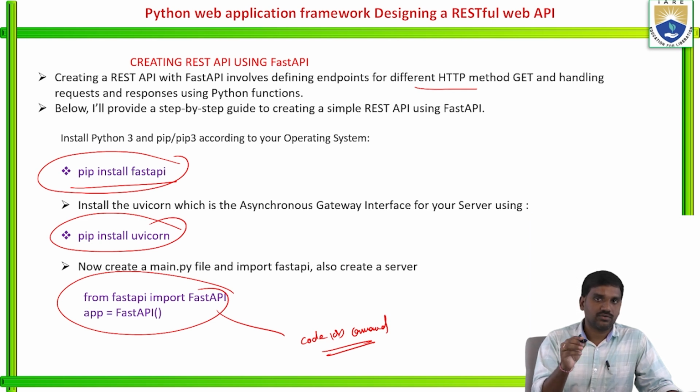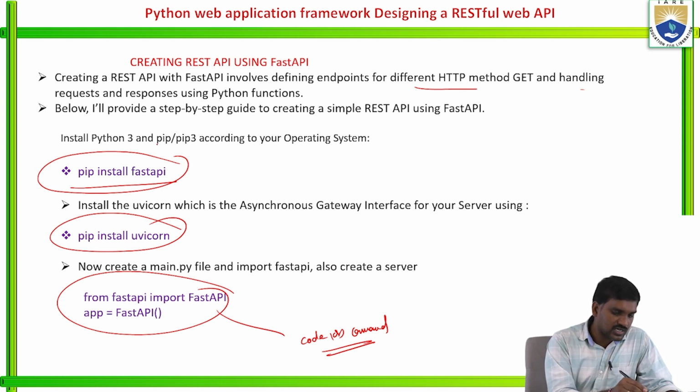Like that, we have 5 different types of API commands discussed in the last class. Get handles requests and responses using a Python function. Here we will provide a step-by-step guide to creating a simple REST API using FastAPI.